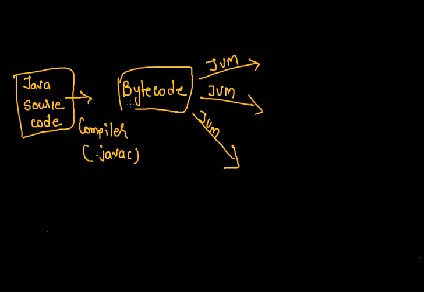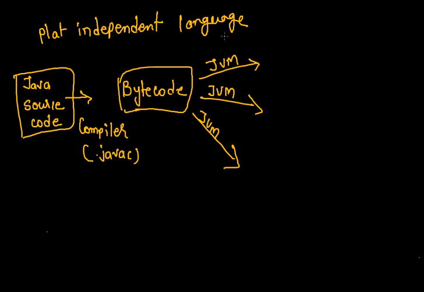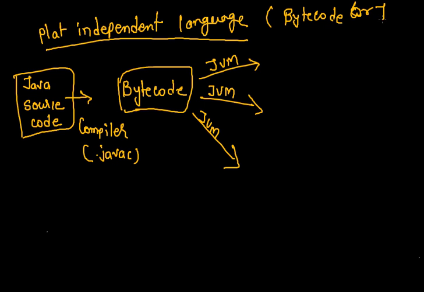So let's listen. Java is also known as a platform independent language. Why? Because of bytecode, or you can say JVM.